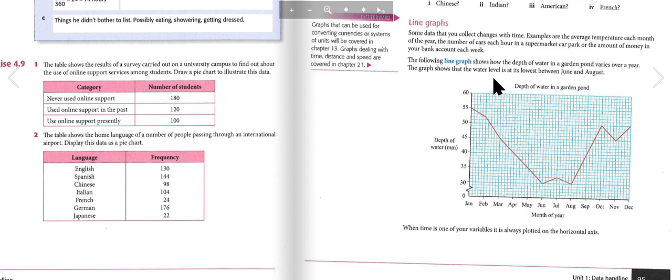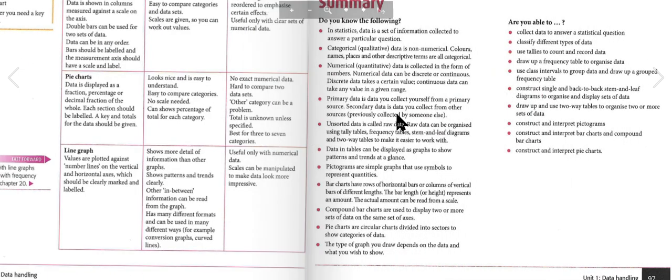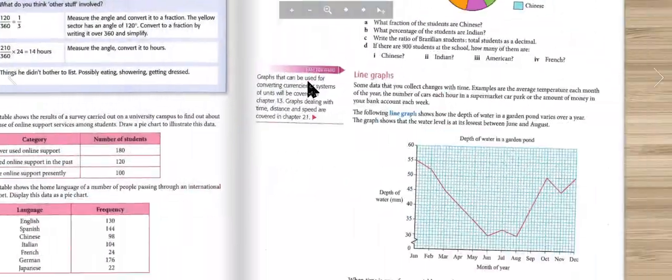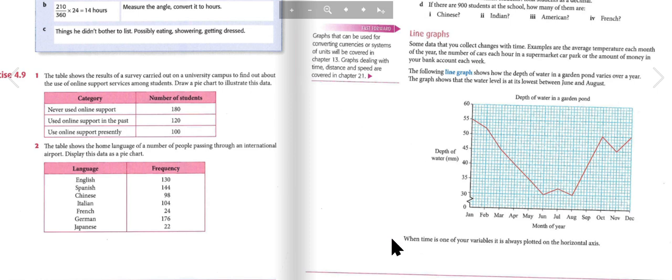The graph shows that the water level is at its lowest between June and August. When time is one of your variables, it is always plotted on the horizontal axis.